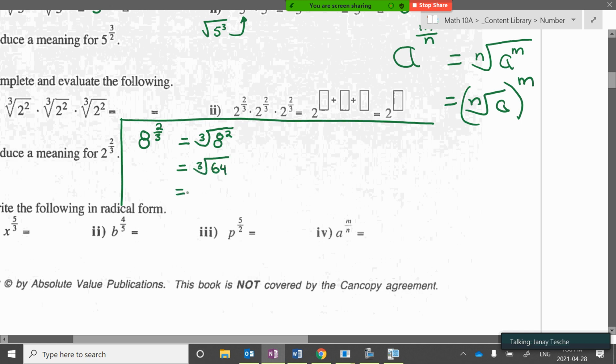I take the cubic root of 64, and I get 4. Or you could think of it as the cubic root of 8, that answer being squared. Cubic root of 8 is 2. 2 squared is 4.